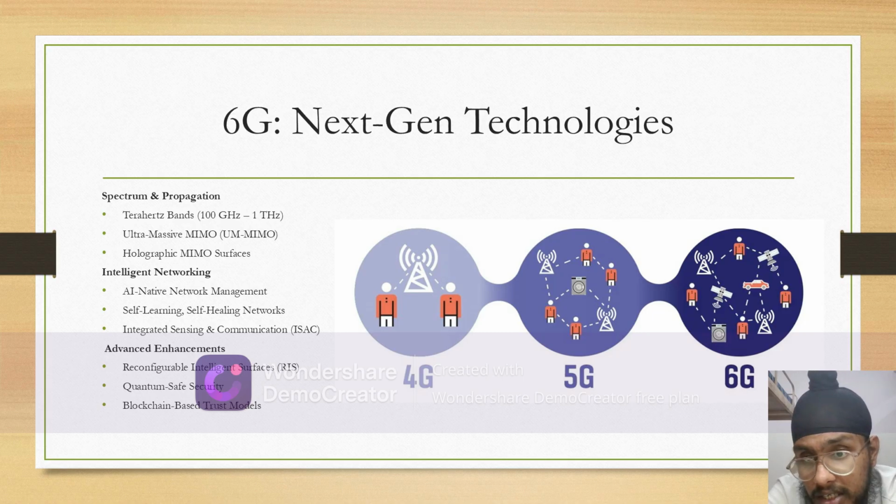Second heading is intelligent networking, in which the key points are AI native network management, self learning, self healing networks, and integrated sensing and communication.